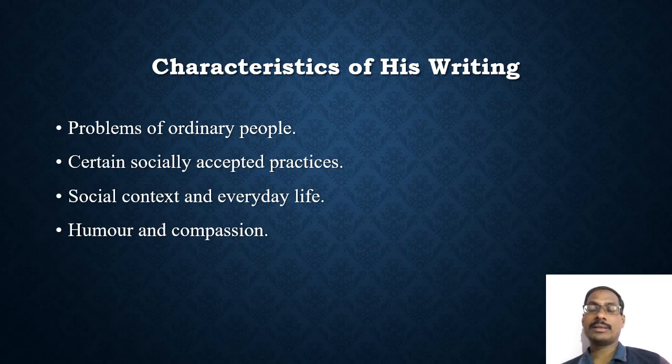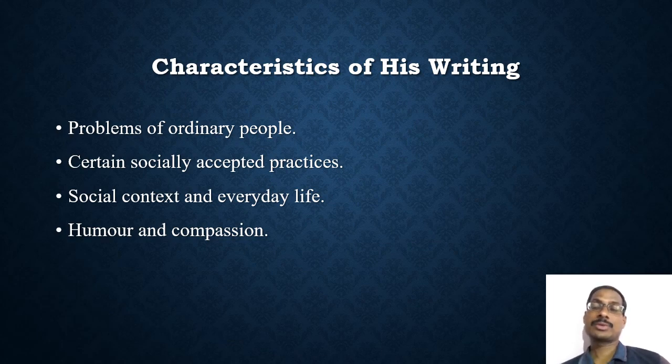And the important characteristic in his novel is that they have quite universal appeal, and you know that it was the situation of every ordinary people in India, or people belonging to the common class strata of the society.